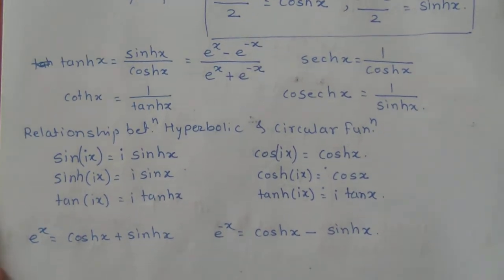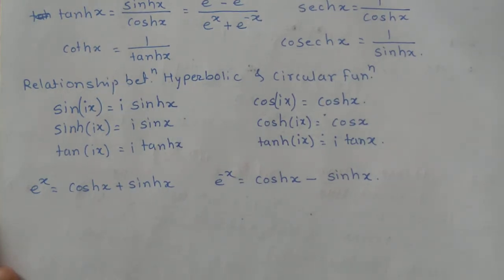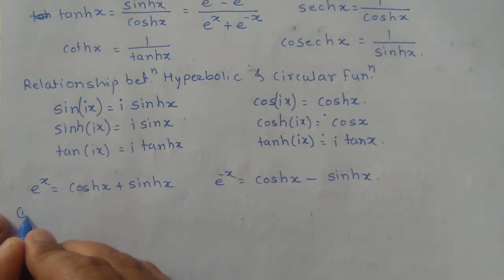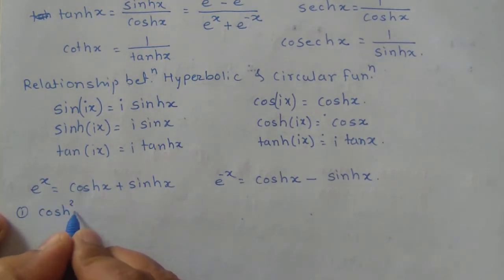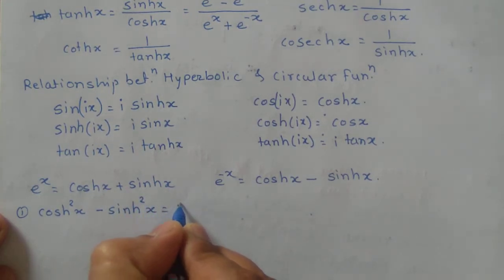Okay. Now, in trigonometric functions, we have seen the identity sin^2 theta plus cos^2 theta is equal to 1. Here there is a small change. Hyperbolic cos^2 x minus hyperbolic sin^2 x is equal to 1.